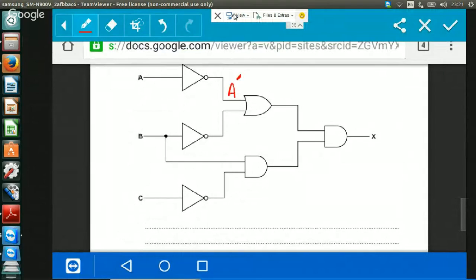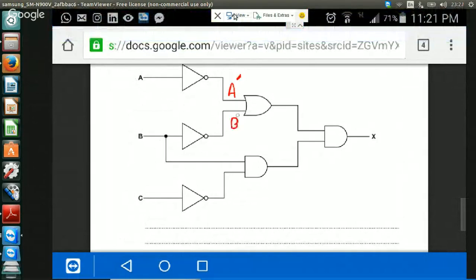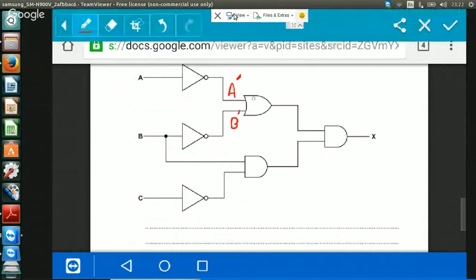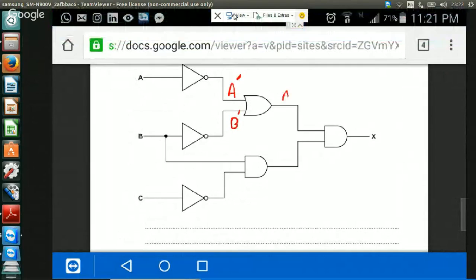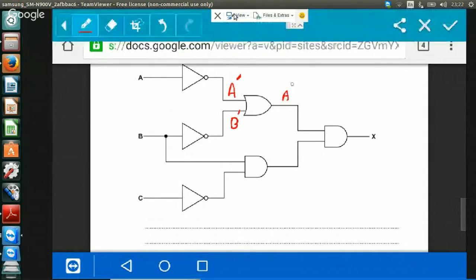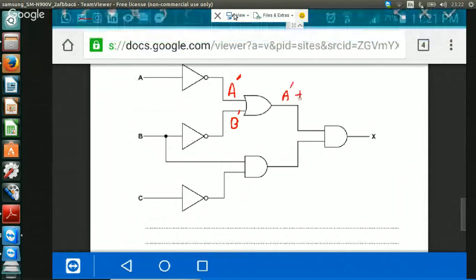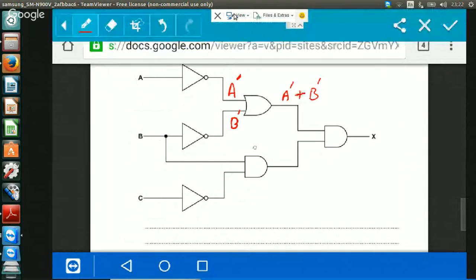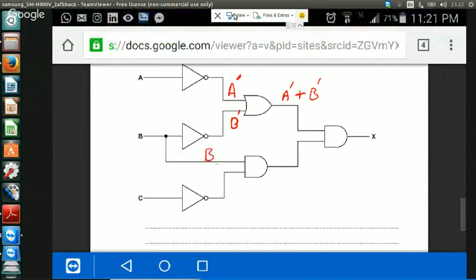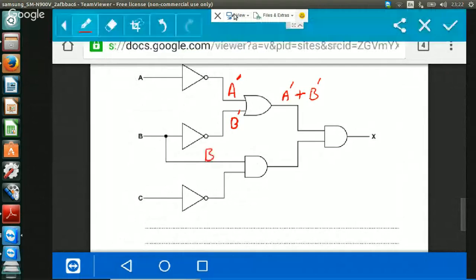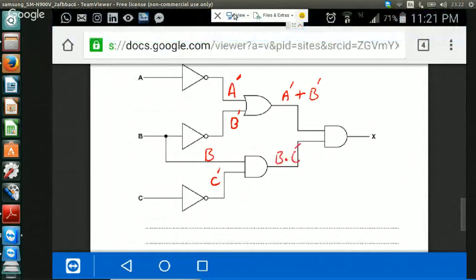Both mean that this A is basically negated. This is B, and this B will get a dash here as well. So this is a simple OR gate. It's going to add its inputs. Whatever the inputs are, it's simply going to add them up. This is the AND gate. B, not B dash, the simple B, because we're taking B from here. This is C, and this C will get negated here. So B and C dash is the input of this AND gate. B dot C dash. Okay.